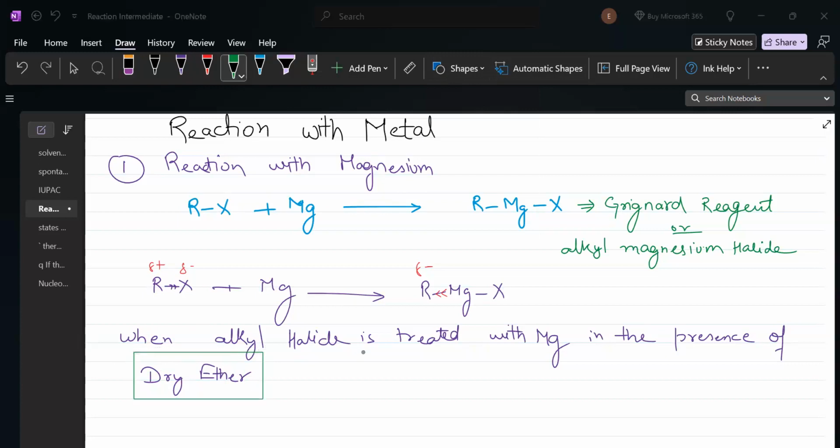When alkyl halide is treated with magnesium in the presence of dry ether. Dry ether is very important here. In the presence of dry ether only is this reaction possible.